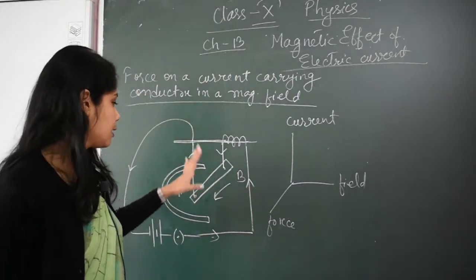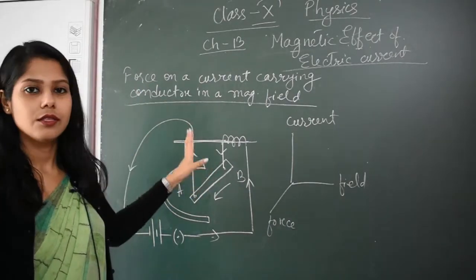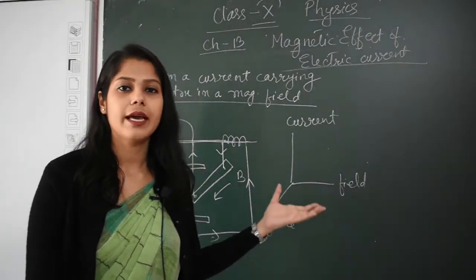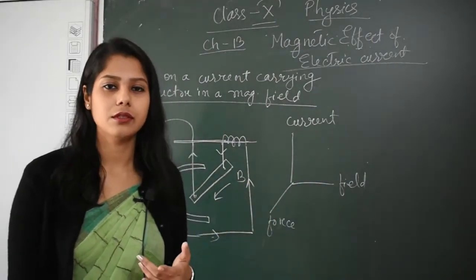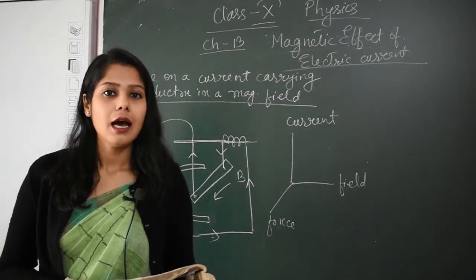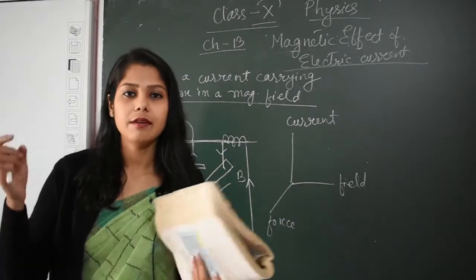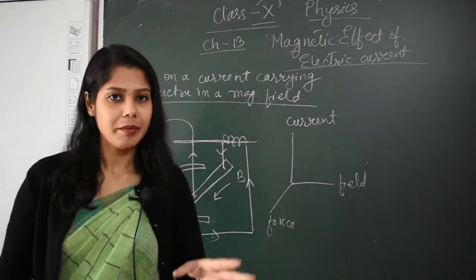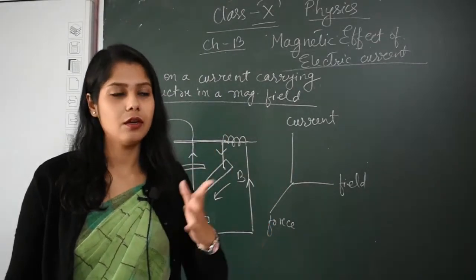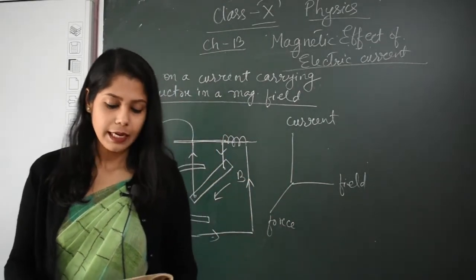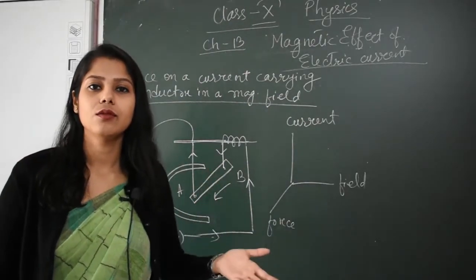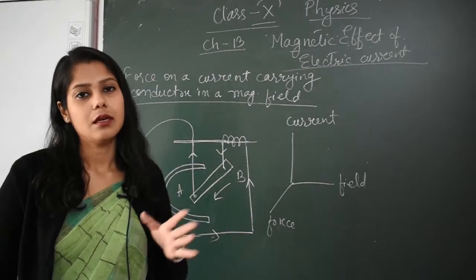This whole theory, established by Ampere or Fleming's left hand rule, this whole mechanism is used in electric motors, electric generators, loudspeakers, microphones, or even in measuring instruments. Not all measuring instruments, only those that use current and a magnetic field.